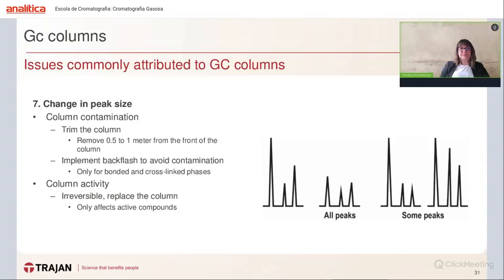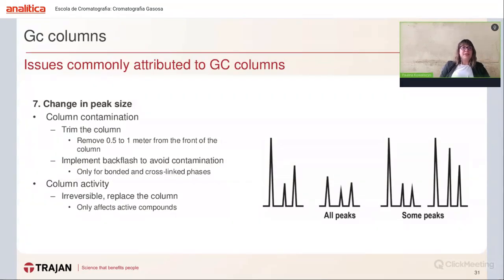Change in the peak size. At the left, we've got an example of our peaks, how they should look. Going right, we've got a change of the size for all of the peaks, and sometimes we can observe the change of the peak size just for some peaks, not for all of the peaks all the time.